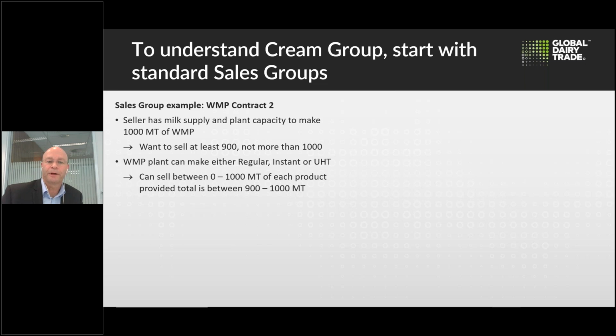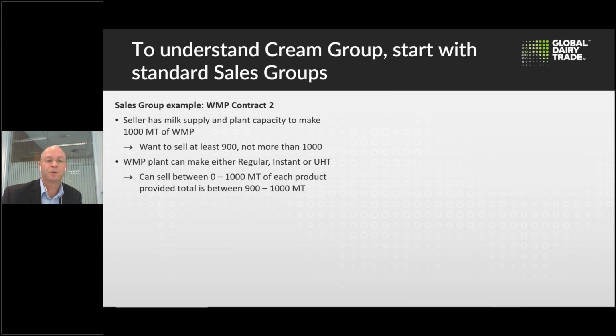So to understand the cream group, I always find it easiest to talk through what happens with a sales group and then to show how the cream group compares to that. So let's start with an example. We have whole milk powder contract 2 as a sales group, say with the 3 products, and the seller has enough milk supply and plant capacity to sell, say, 1,000 metric tons of whole milk powder, and they want to sell at least 900 metric tons, but not more than 1,000 metric tons, like we were looking at on those slides earlier.